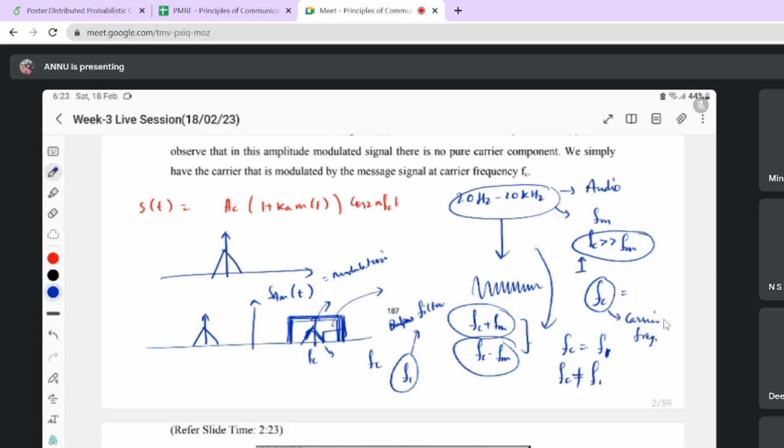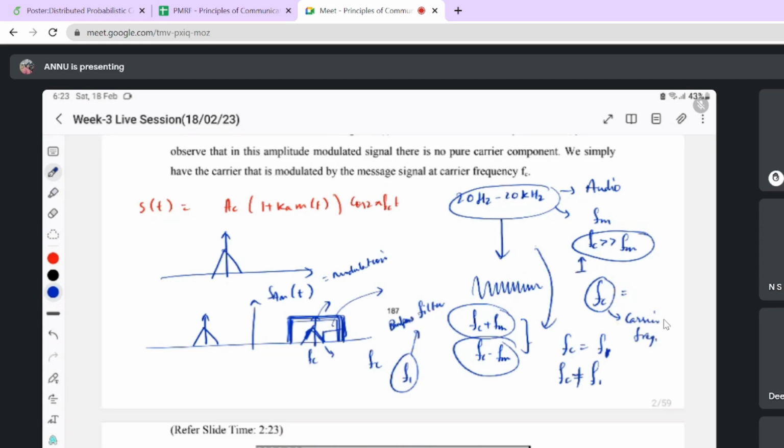I can understand that you understand the difference between fc and fm, but you might have difficulty understanding the difference between fc and f1. But whatever desired signal we require allows us to fix the value of f1: what should be the value of f1 to get this particular signal. So various signals will be there.